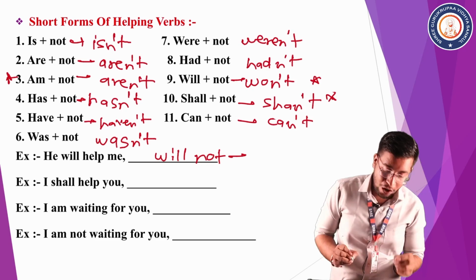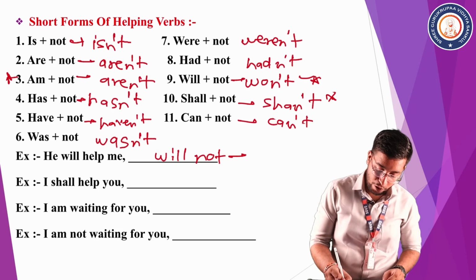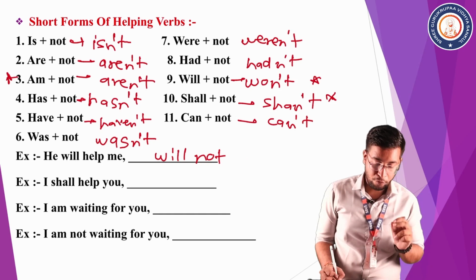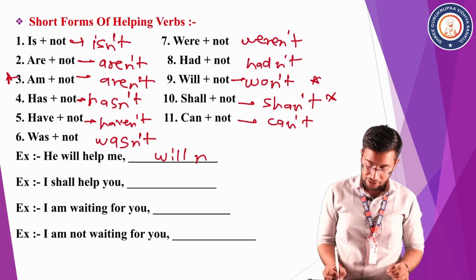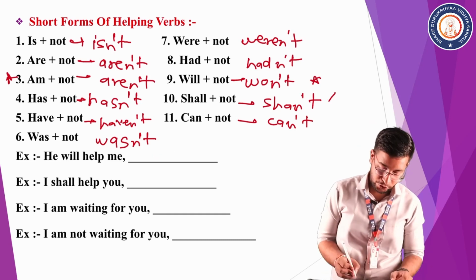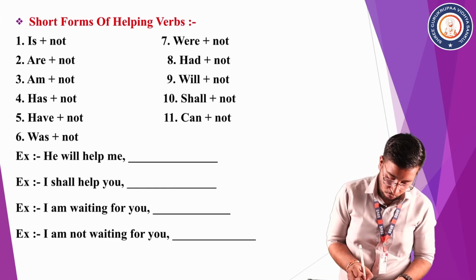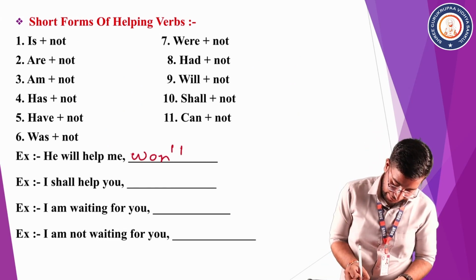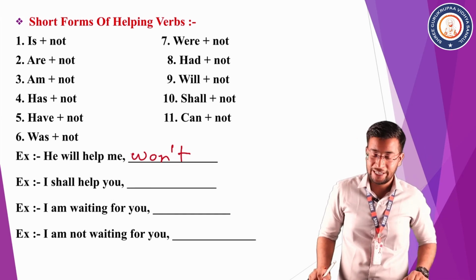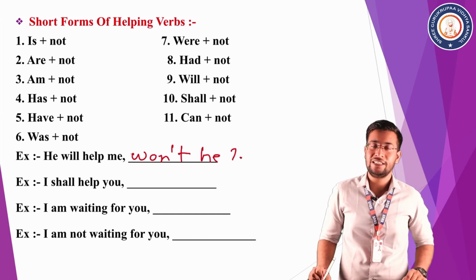But you are very well aware of the fact that the short form of will not becomes won't. So we won't write willn't, we have to write won't. And why we write won't, I think it is clear to you. And we know that the subject of the statement will become the subject of the tag, so it will be won't he, and a question mark at the end of this tag. I think it is clear to you.